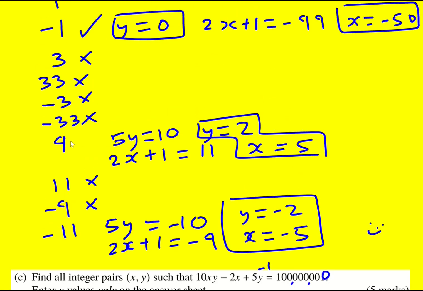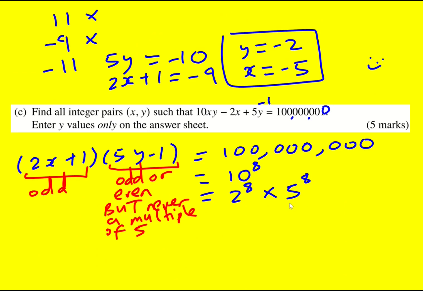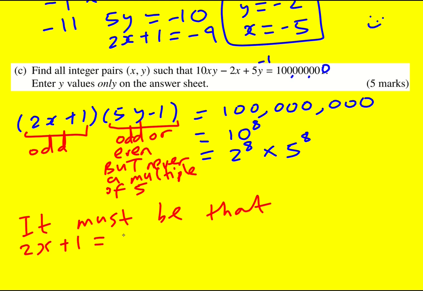I was setting it equal to 3 squared, for example. That was potentially okay, but I can't do that. So it must be that 2x plus 1 is equal to 5 to the 8th. It can't have any power of 2 in.